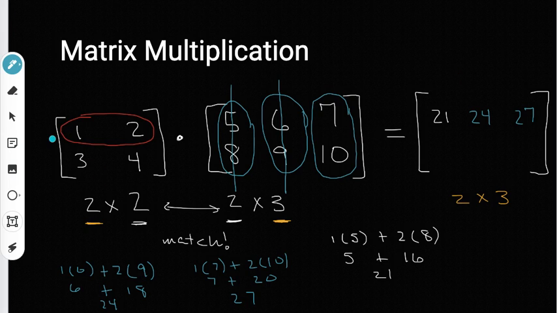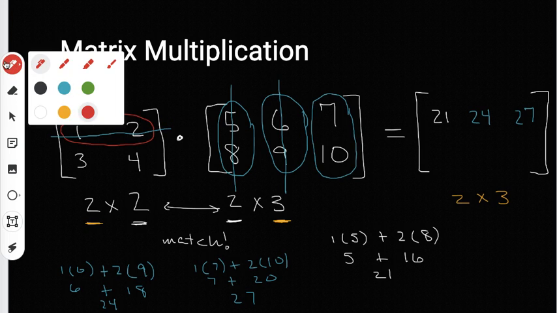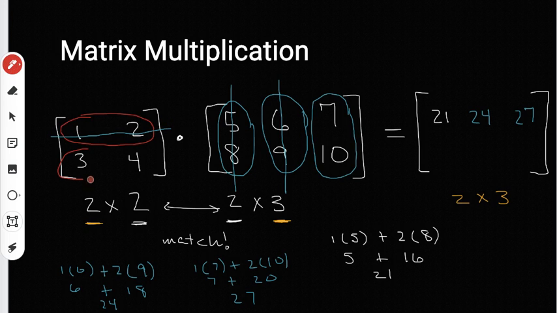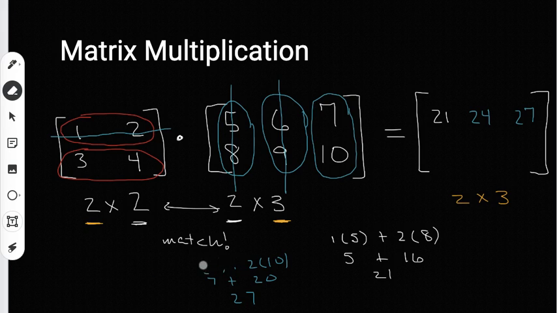And now that we're done with the first row up here, we can circle the bottom row and do the same thing. So I'm going to circle the bottom row, and I'm going to erase a little bit down here. And we're going to do the exact same thing with the bottom row that we did with the first row. We're going to multiply it by every single column over there.